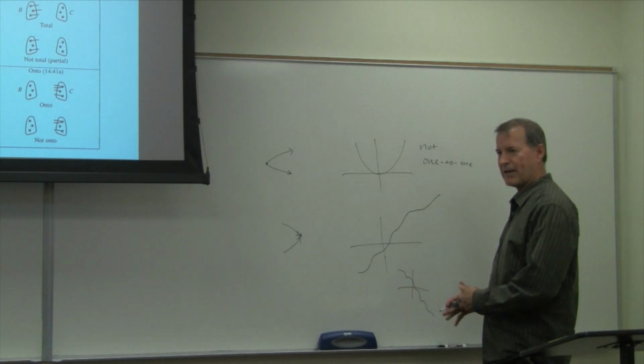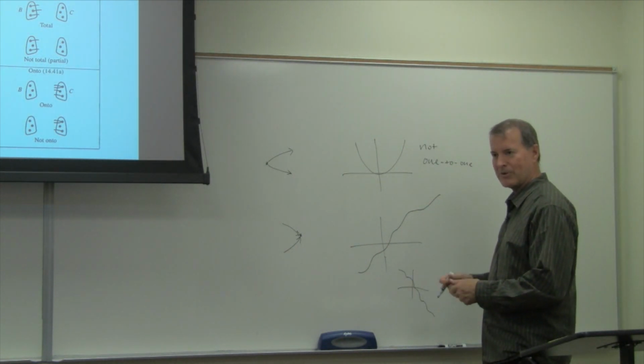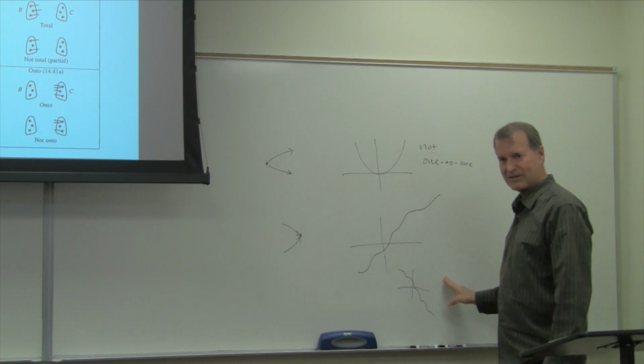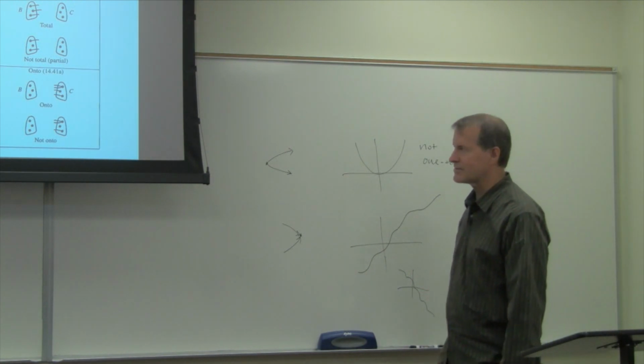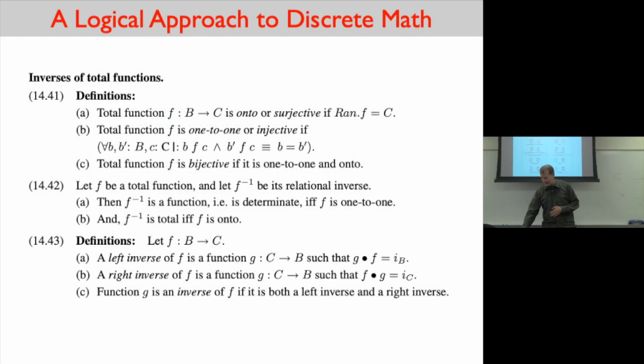It'd have to pass the vertical line test to be a function, and the horizontal line test to be one-to-one. Are we good geometrically here? Okay, so that's one-to-one. Now let's see mathematically what it means to be one-to-one.